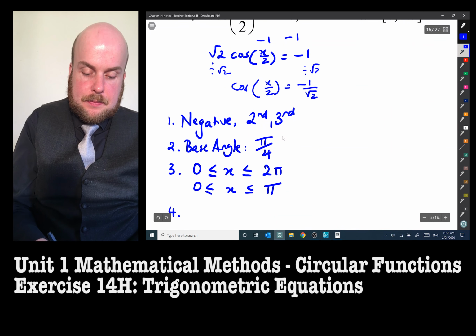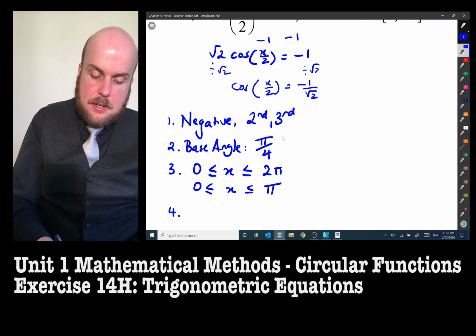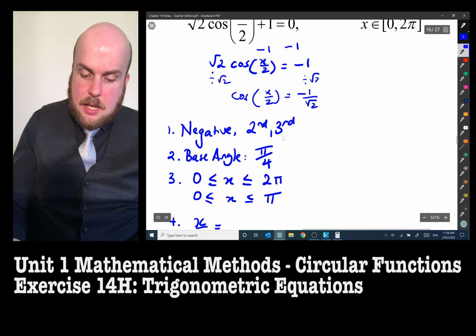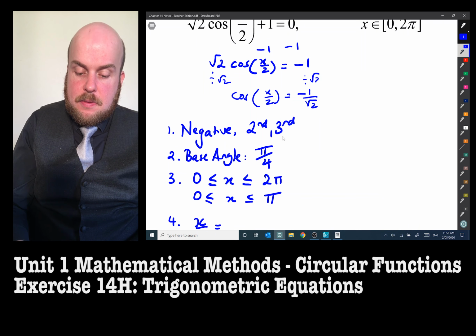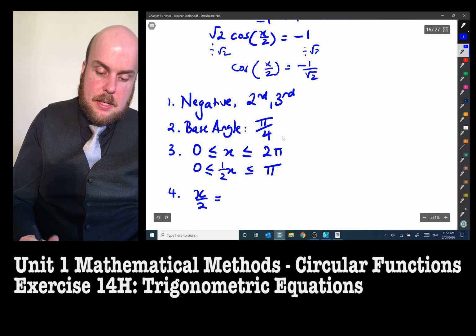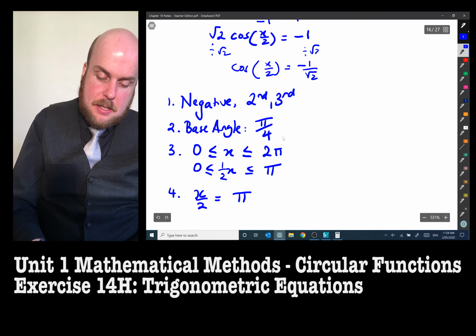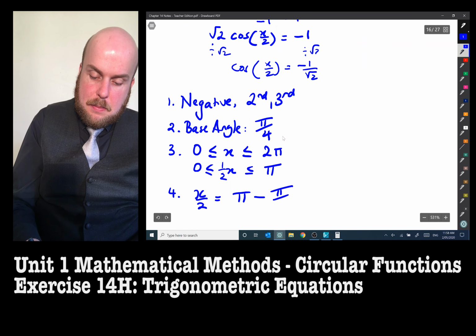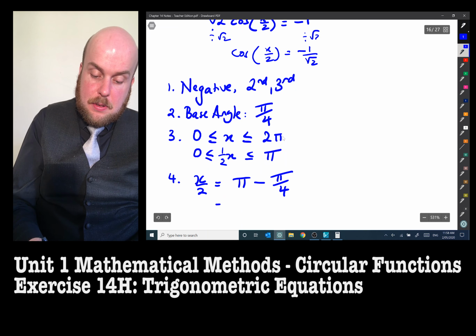So now we're going to say x over 2 is equal to, so the only quadrant involved that's in between 0 and pi is the second quadrant. The third quadrant is greater than pi, so all I need to worry about is pi minus pi on 4, which is equal to 3 pi on 4.